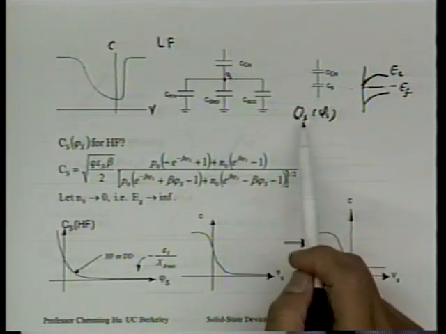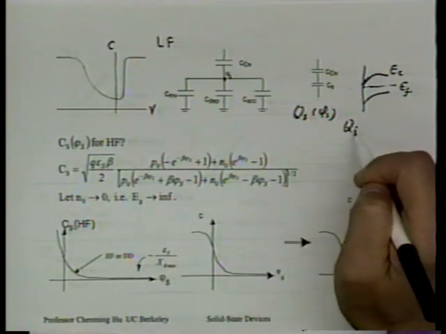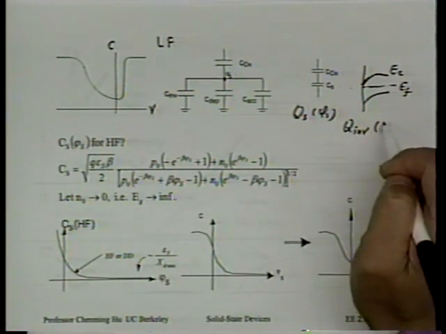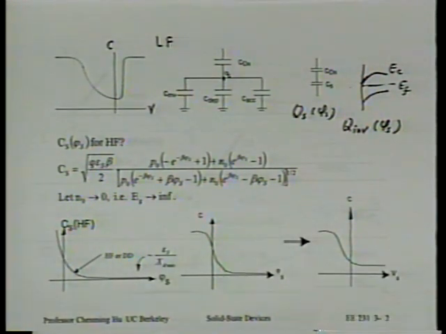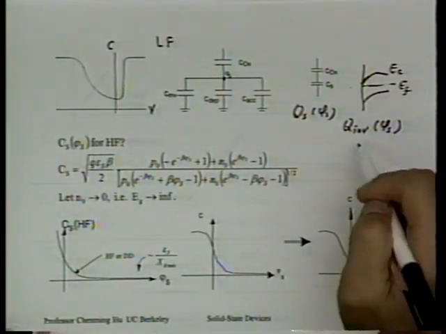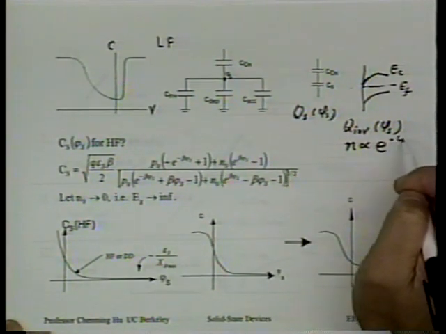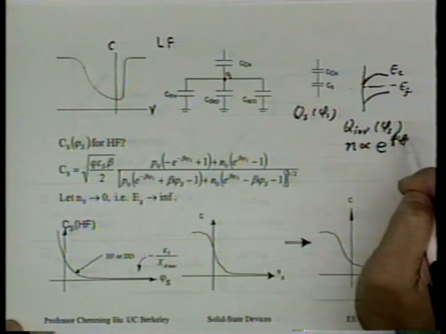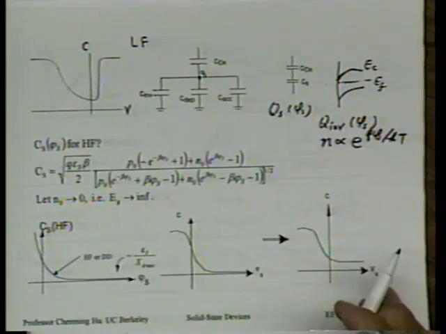Specifically, it's really the inversion charge that's questionable. We're saying inversion charge follows phi s the way we usually think, namely electron concentration is proportional to e to the plus q phi s over kT or something like that, right?